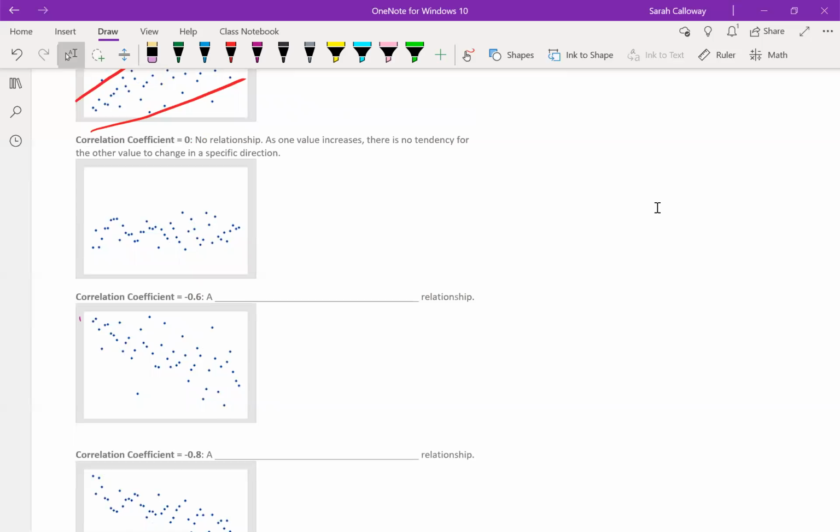And then as we move past 0 into the negative values, if my correlation coefficient is -0.6, notice that these points are spread out, but still in a decreasing direction. So this is going to be a moderate negative relationship.